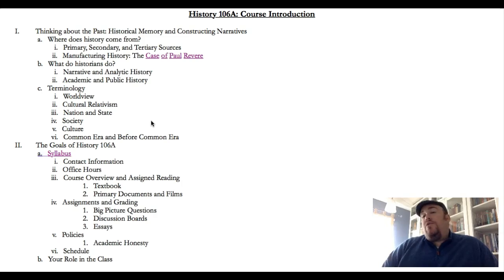Now, the next two terms are also important, and we tend to also use them in some ways interchangeably, but they're really different. One is society, and society means a social arrangement, a connection of people who are connected by some sort of social agreements, right? In fact, a society is really connected by shared culture, but we'll talk about that in a moment. So a society is an assemblage of people. Now, in the contemporary world, a society can exist not just face to face, but can exist online.